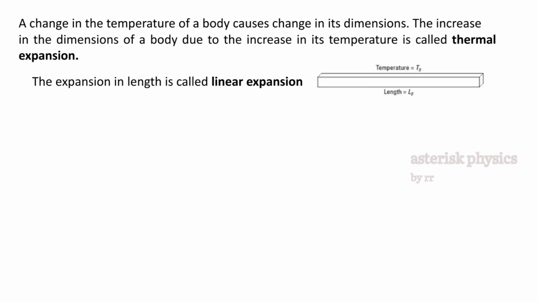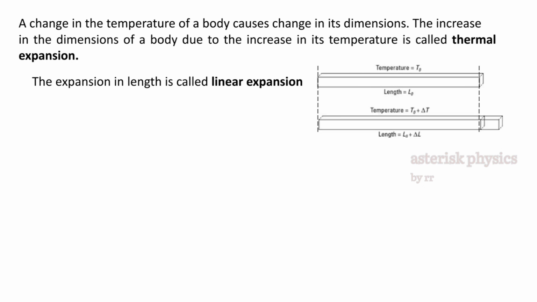When this temperature is increased by an amount delta T, the length also increases by an amount delta L. That is, now the temperature is T0 plus delta T, and the length we observe is L0 plus delta L, where delta L is called the increment in length or the linear expansion produced.